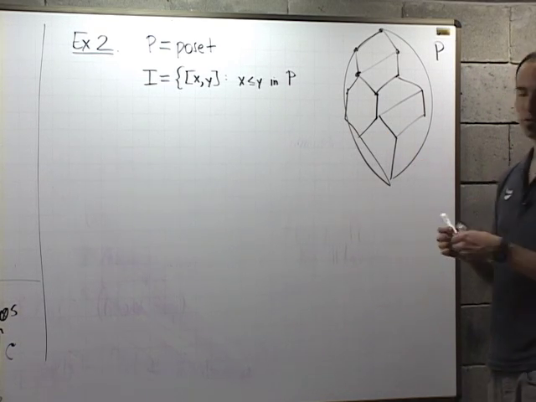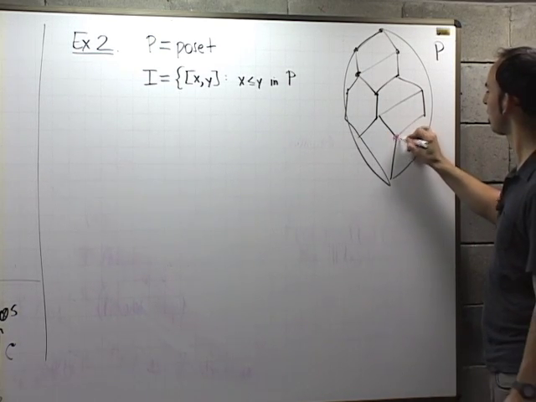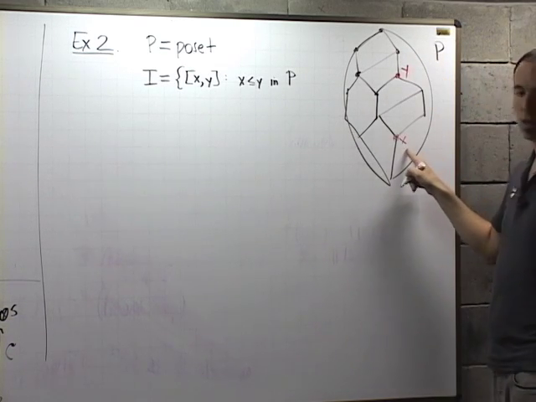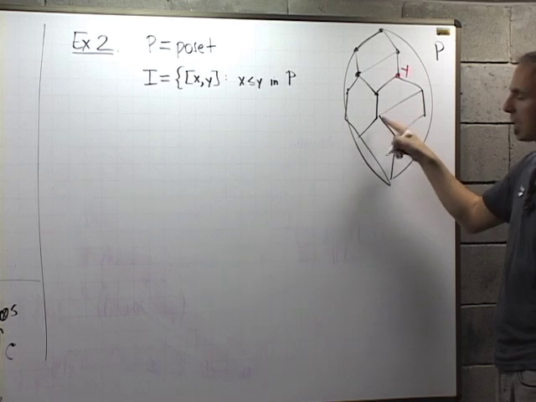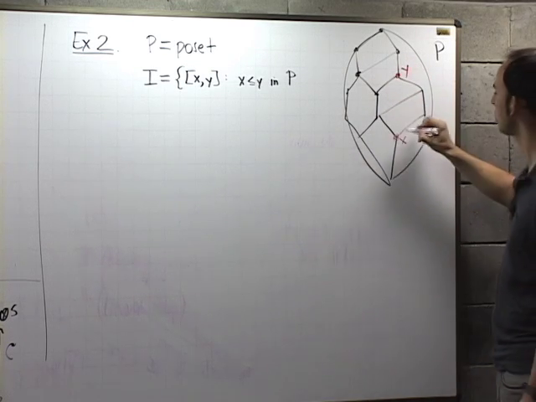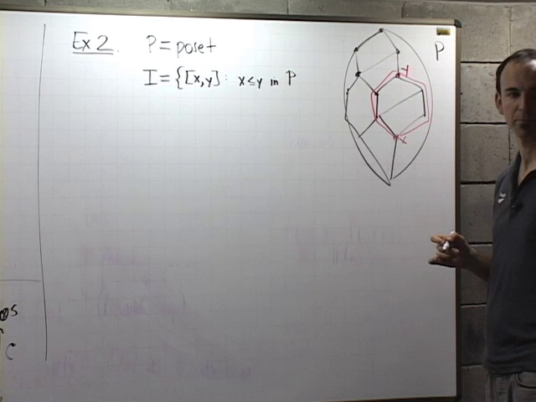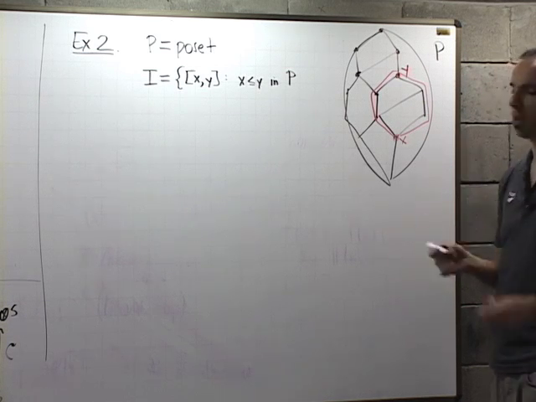And then an interval is that you say, take x, take y, and look at all the elements in between. So the things that are bigger than or equal to x, less than or equal to y. So that's the interval from x to y. I look at all the intervals.